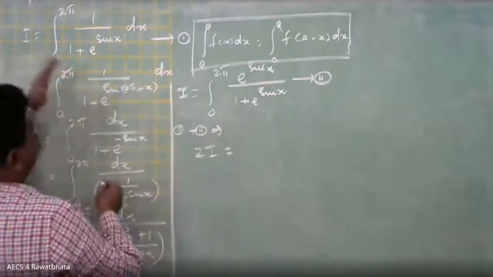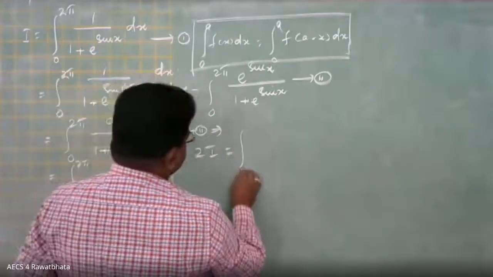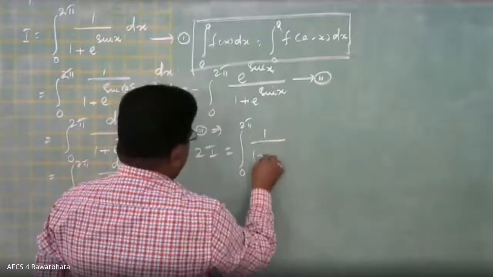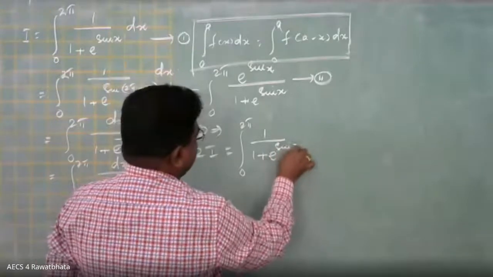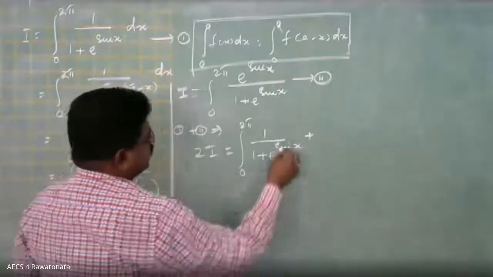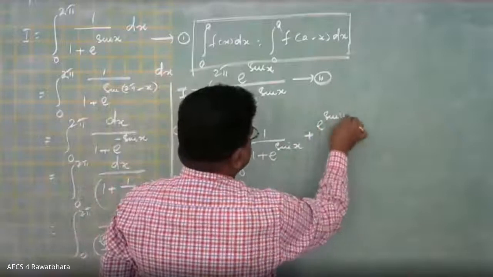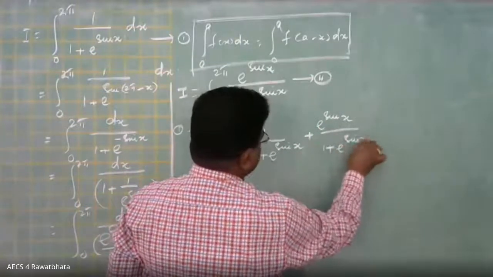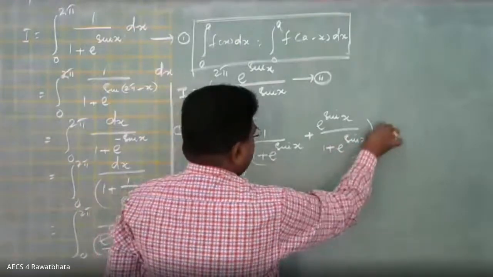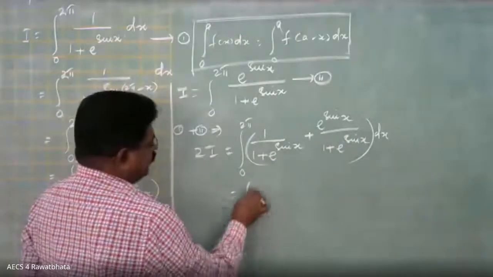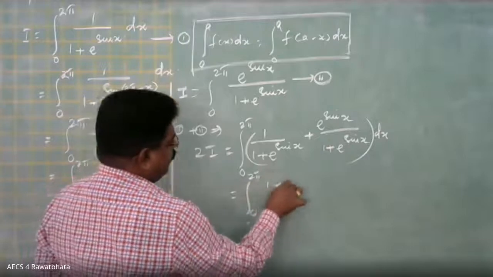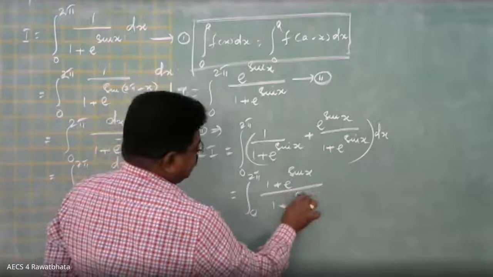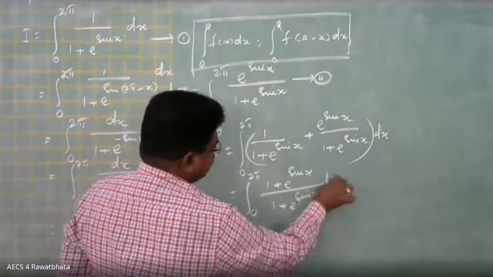So on the left-hand side I plus I is 2I, and on the right, the integral from 0 to 2π of 1 by 1 plus e raised to sin x plus e raised to sin x upon 1 plus e raised to sin x dx, which is equal to the integral from 0 to 2π of 1 plus e raised to sin x upon 1 plus e raised to sin x dx.